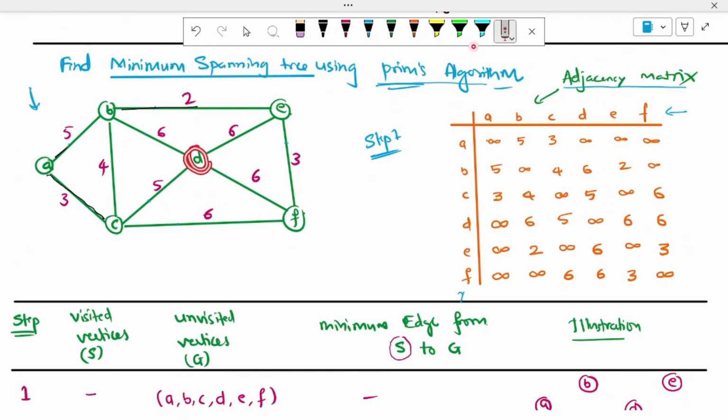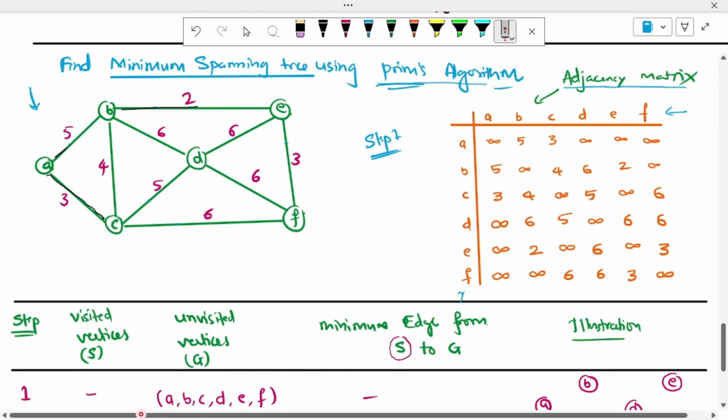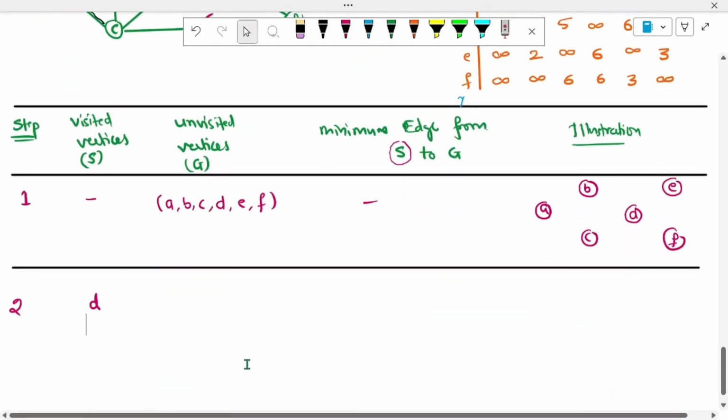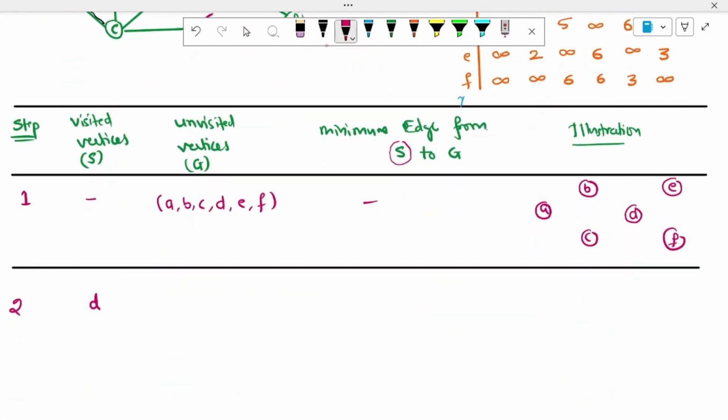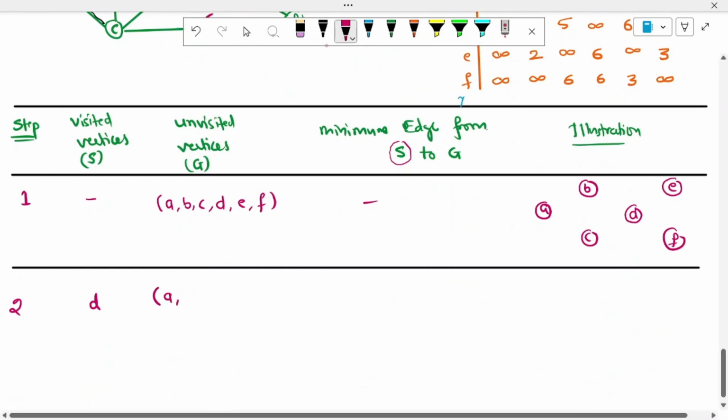I find that I have not visited 1, 2, 3, 4, 5. So I am going to list them in the unvisited vertices. So here I list A, B, C, then D I have visited now, E and F.